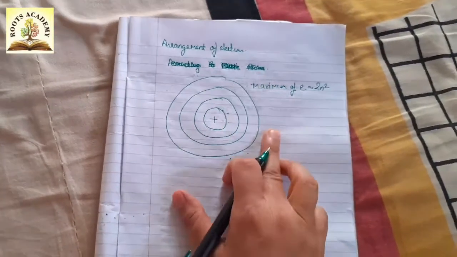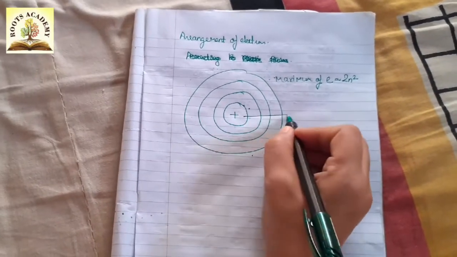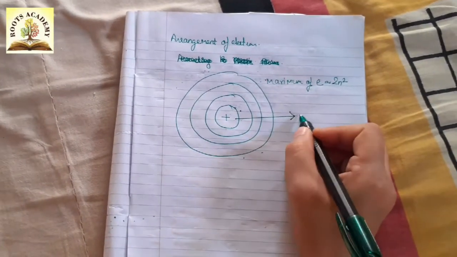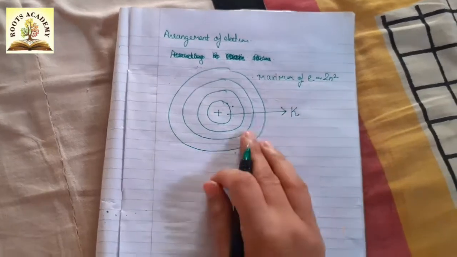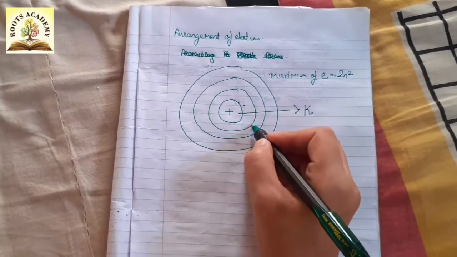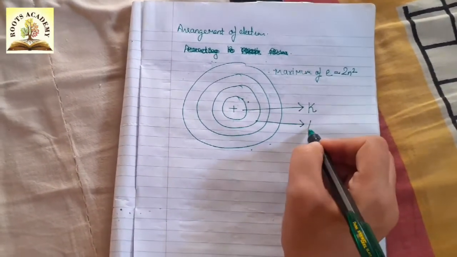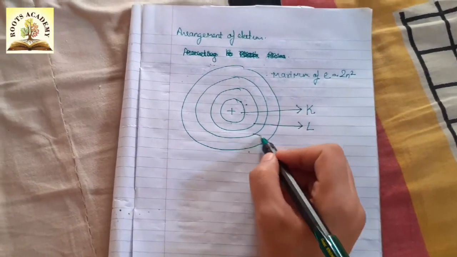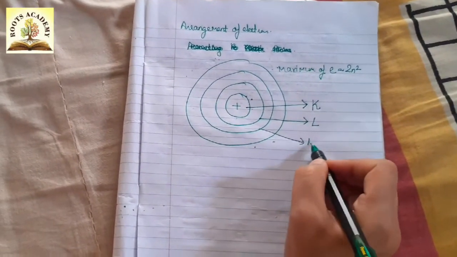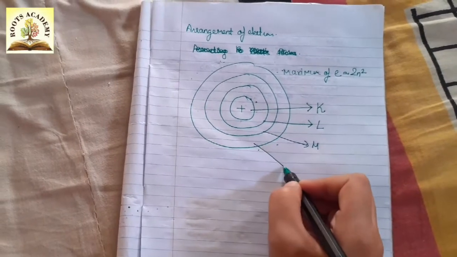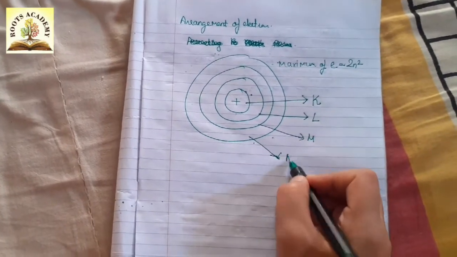So this thing we have to remember. The first orbit is represented by K, the second orbit is represented by L, the third is represented by M, and the last orbit is represented by N.